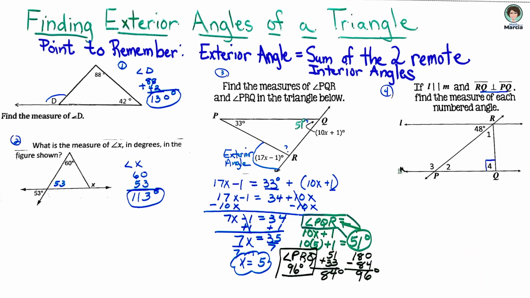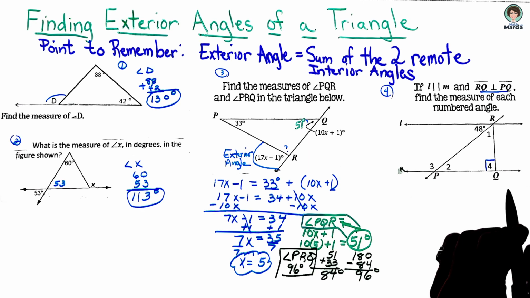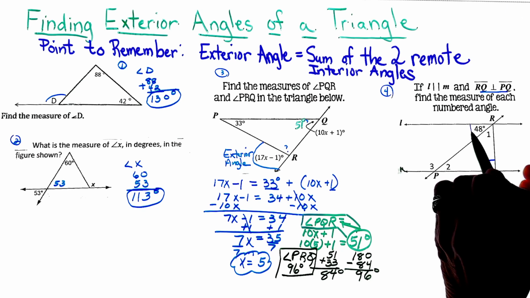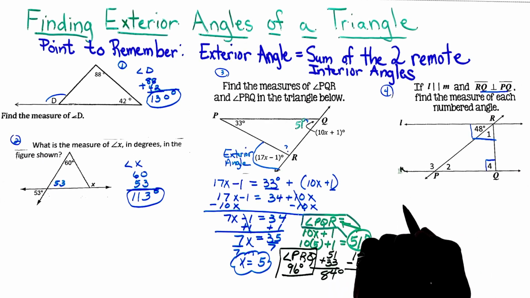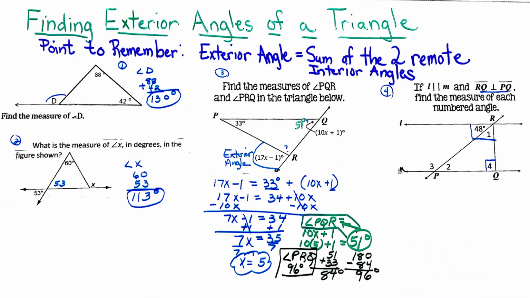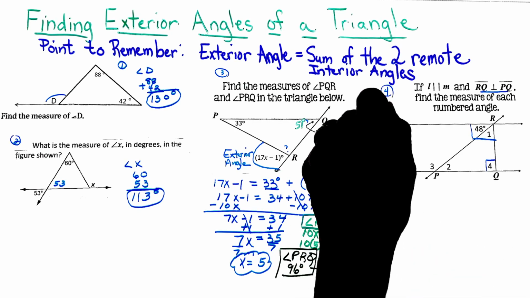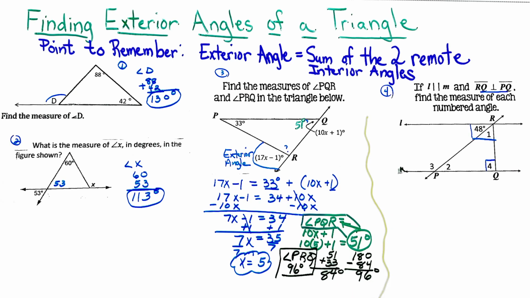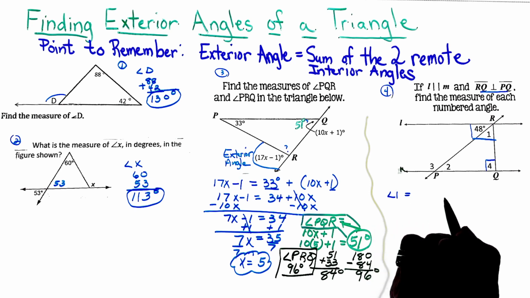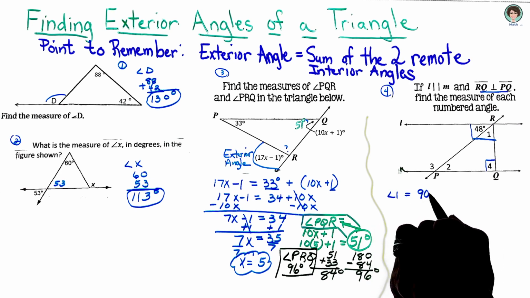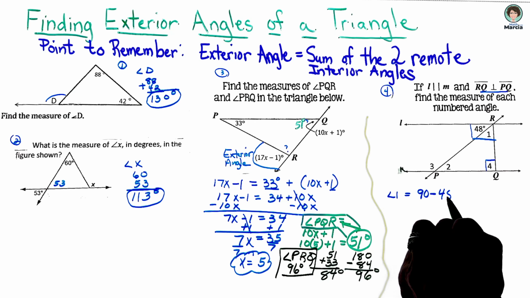That means they're perpendicular. Well, if we have parallel lines, we know that these two angles are also going to make up 90 degrees. So in order to find angle 1, and I like to separate my different problems, here I go. All right, so we know that angle 1 is going to be equal to 90 minus 48.